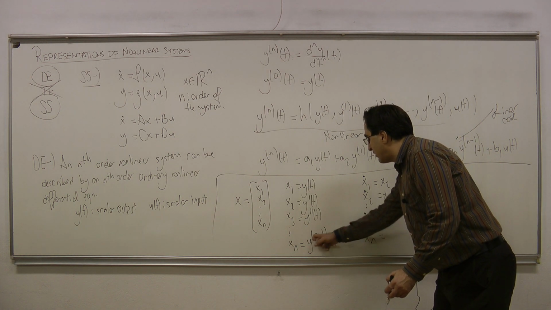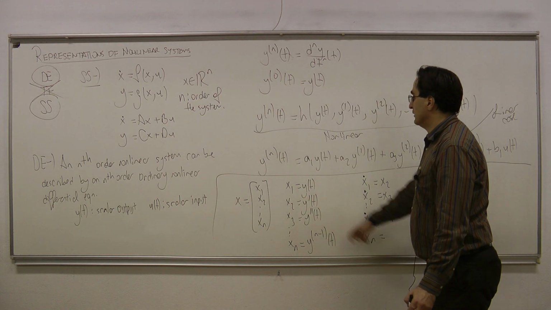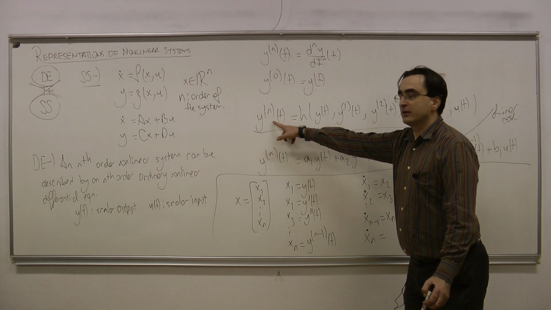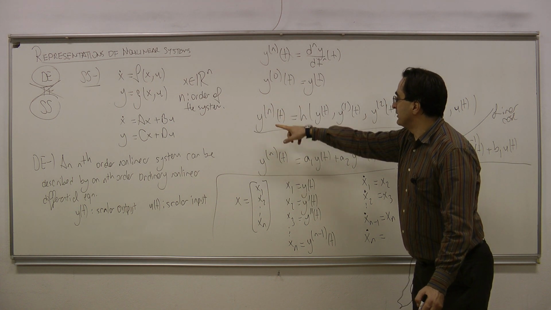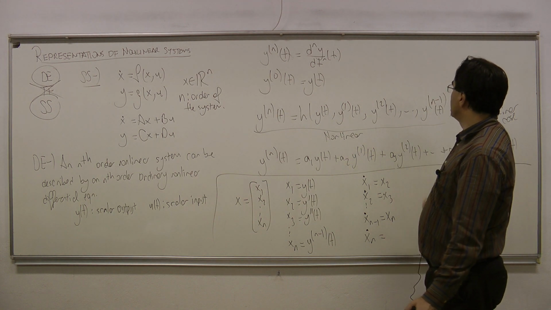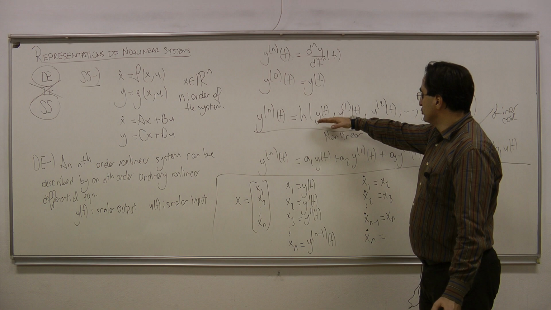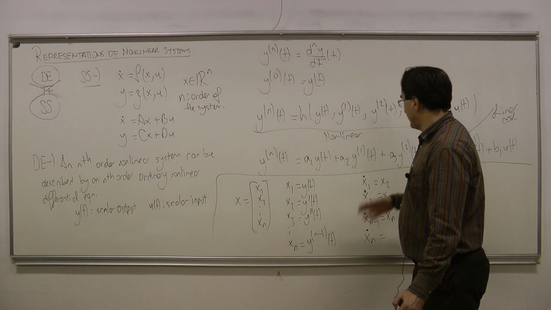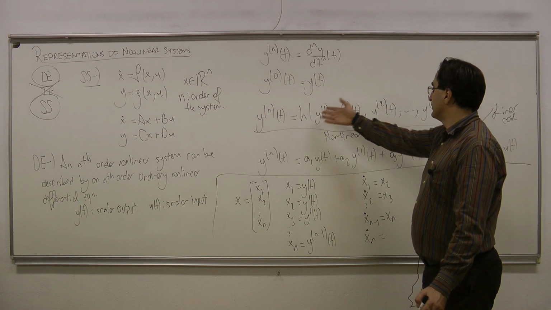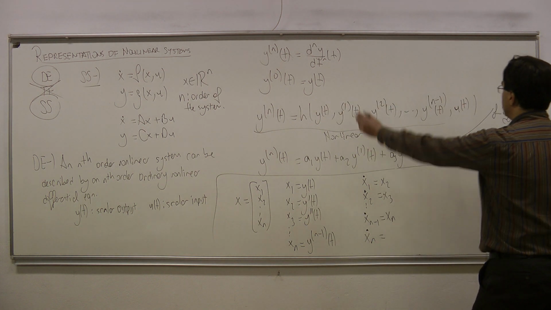The nth order derivative of y is given by this equation here. So that is where I am going to use my nonlinear differential equation. In the first n minus 1 equations, I didn't use the nonlinear differential equation at all. But in the last equation, I need to use it.